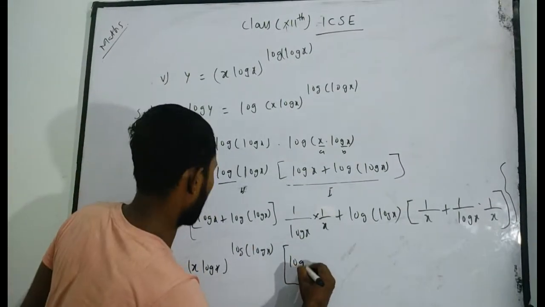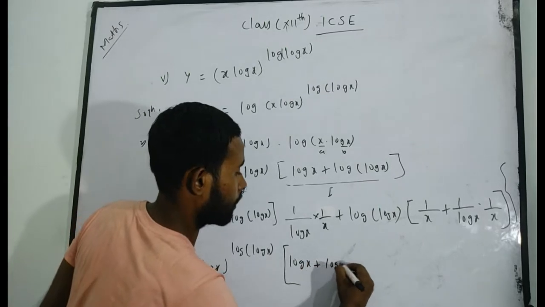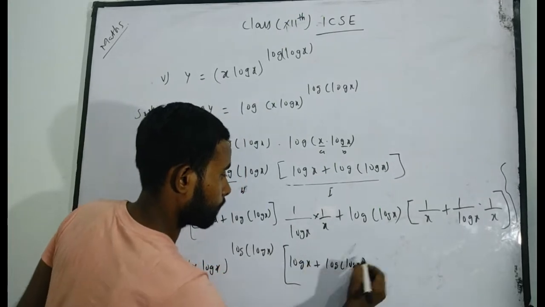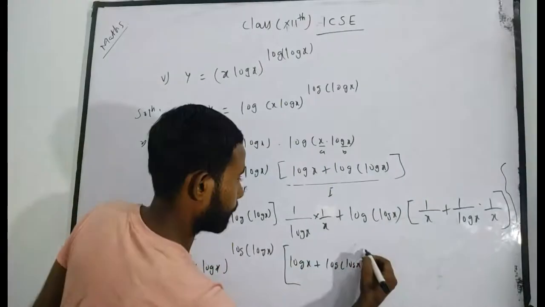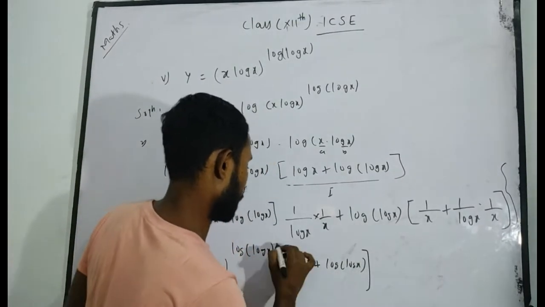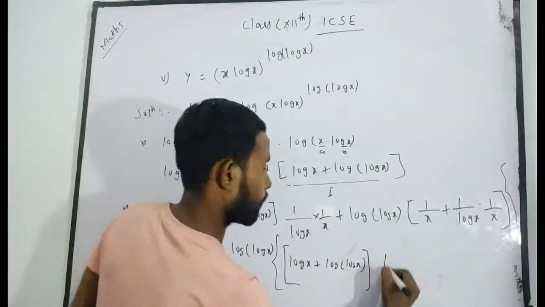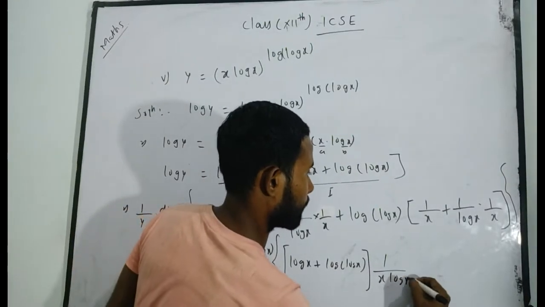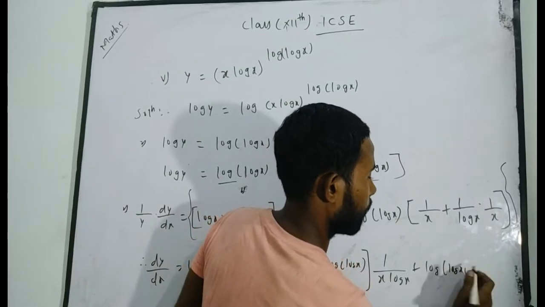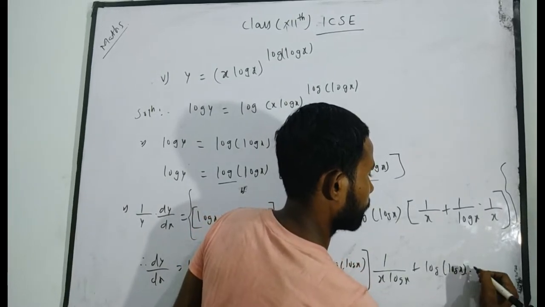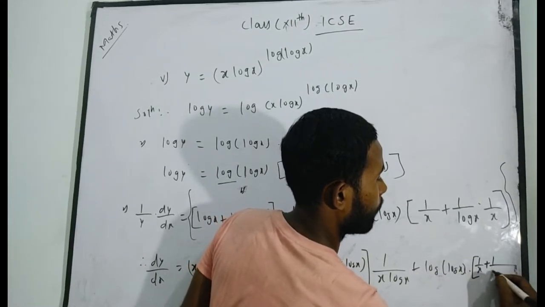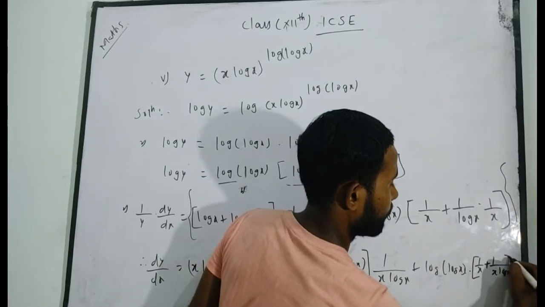Here you can write log x plus log x into 1 upon x into log x plus, this will be log x into 1 upon x plus 1 upon x into log x.